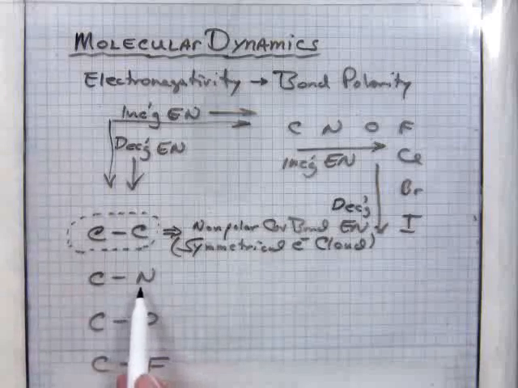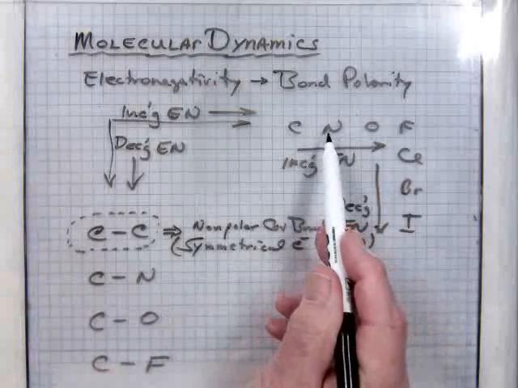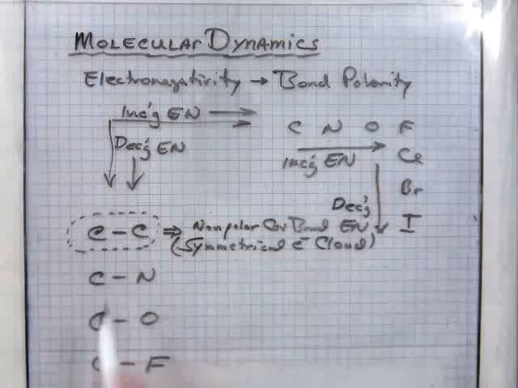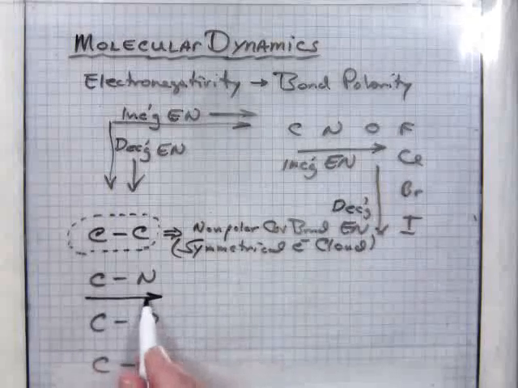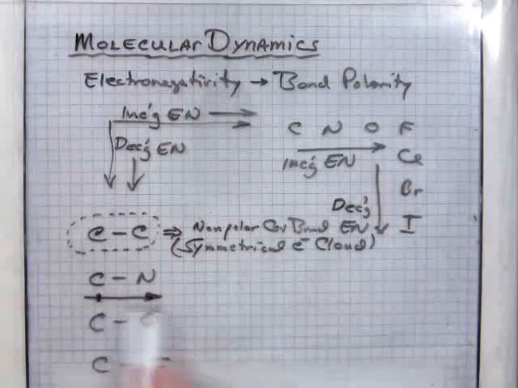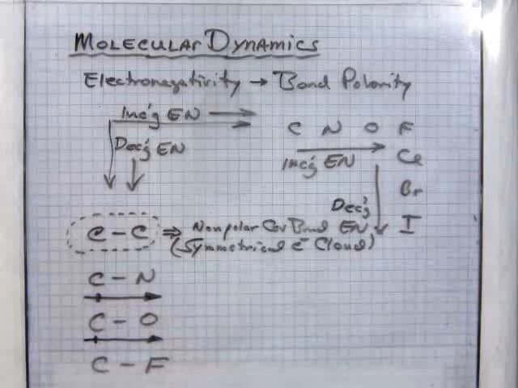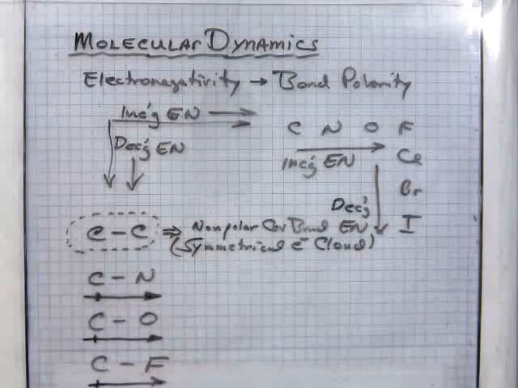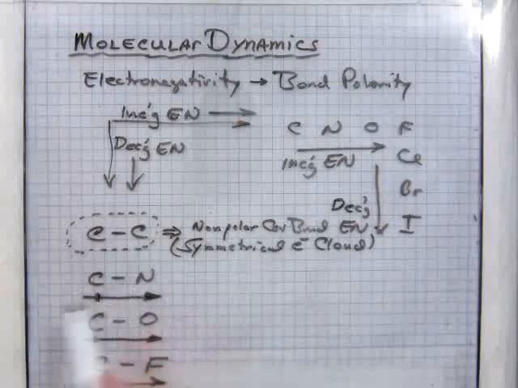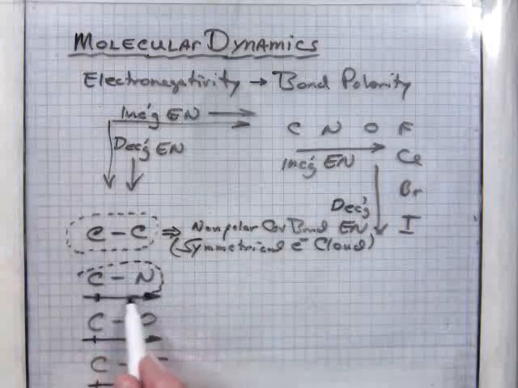However, when you get to nitrogen, you see nitrogen has a higher electronegativity, so nitrogen is pulling on the carbon. See this little symbol right here. We'll see with oxygen an even greater effect, and an even greater effect with fluorine. As a result, the more electronegative element removes some of the electron cloud from the carbon, and you'll see a distribution more like this.